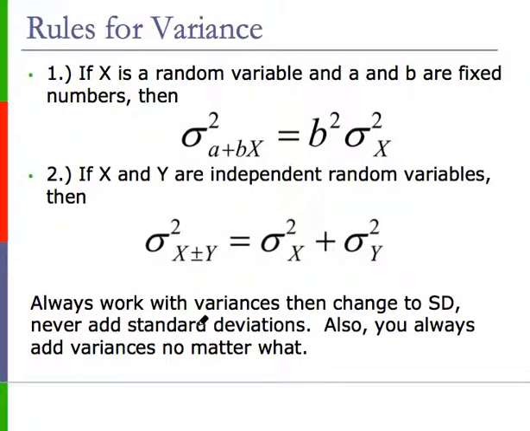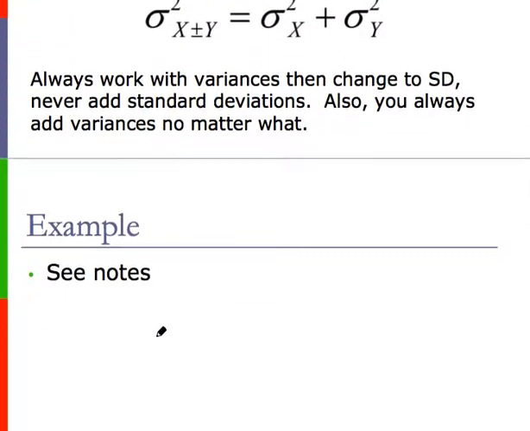We have to work with variances and then change them to standard deviation. We can't add standard deviations. You add the variances no matter what. If you remember, when we talked about standard deviation, you can't just add a number to have it move. So we have to deal with variances and then change it to be standard deviation in order to see how that works.